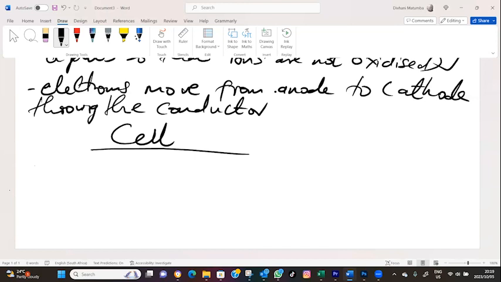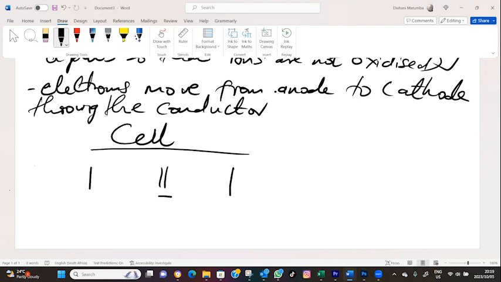Now, with the cell notation, we start, the cell notation has the following symbols. That is the salt bridge.